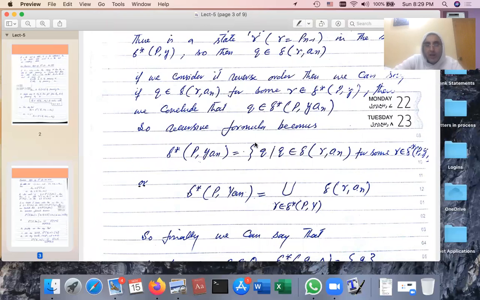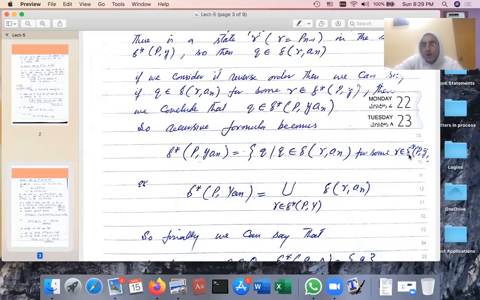I can reach some state Q such that Q belongs to transition delta of R comma An. This is the previous state R, and after applying An, a single transition, I can reach Q for some R. And now I am explaining or opening this R. This is something from the previous state to this state Q. But what is this R?